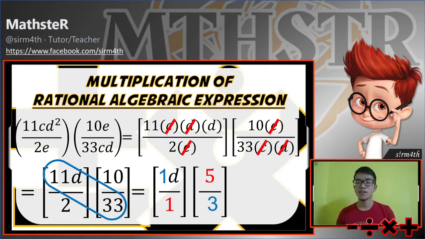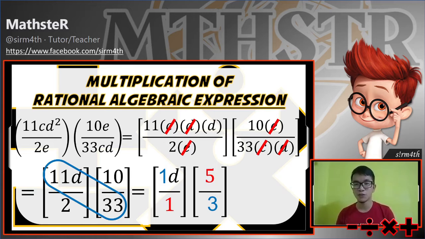And then, tsaka pa lang tayo pwedeng mag-multiply or tsaka pa lang natin gagawin yung multiplication operation. Ngayon, sa ganitong pagkakataon, mas madaling mag-multiply unlike dun sa unang form ng fraction niya wherein 11cd squared over 2e, 10e over 33cd, di ba? Mas marami kang i-multiply doon.